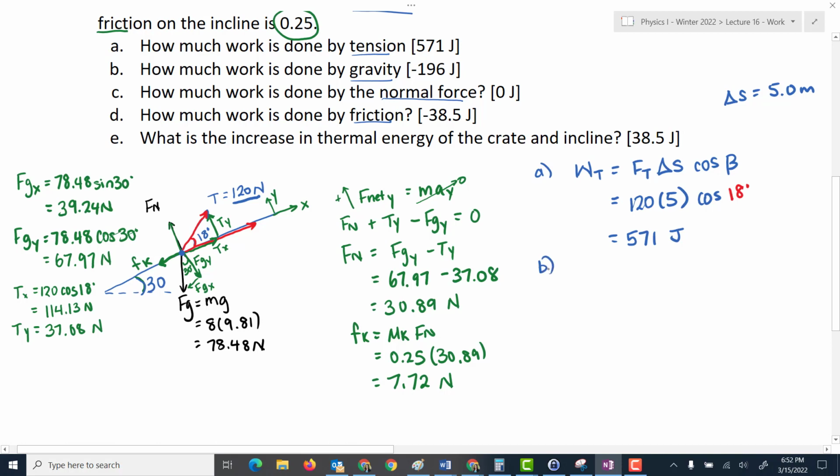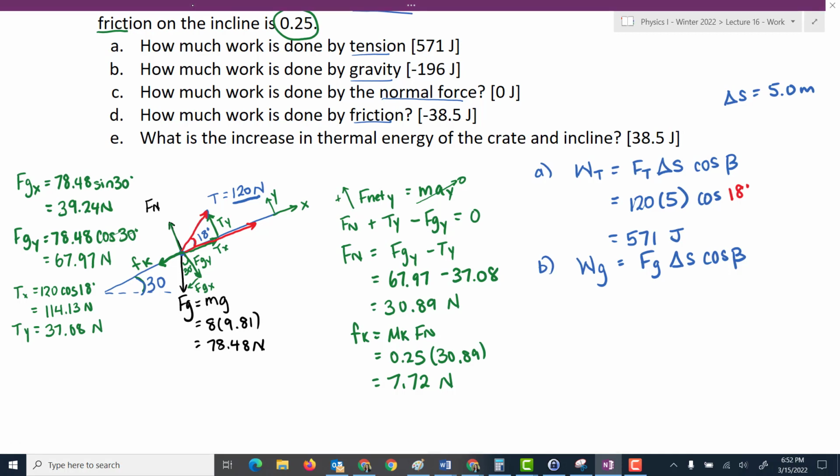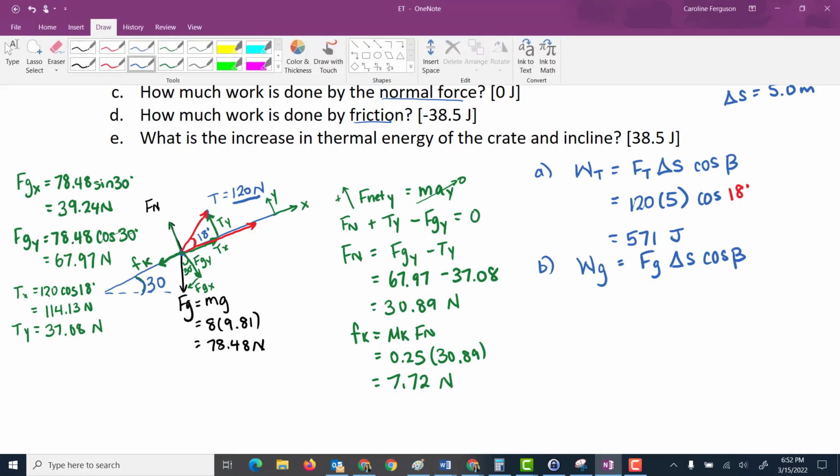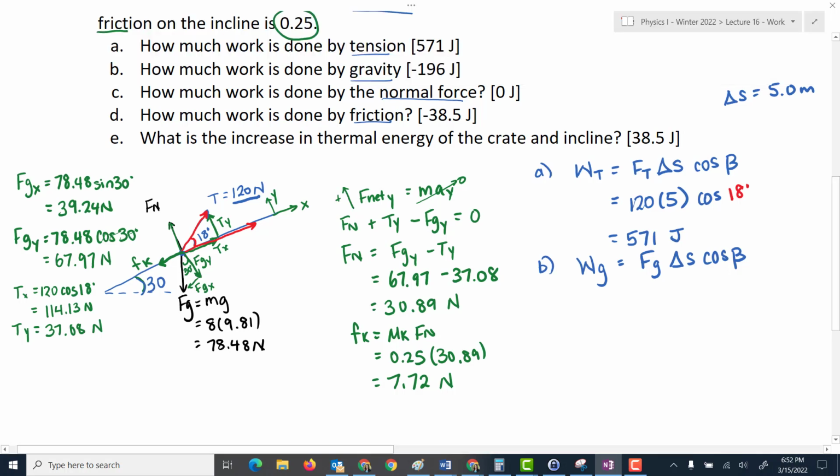Okay, for B, it says how much work is done by gravity. So we're going to write work done by gravity is equal to the force of gravity times the displacement times cos of the angle between the force of gravity and the displacement. So let's look at that. Our force of gravity is this vector over here, and the direction that we're moving is up the ramp like this.